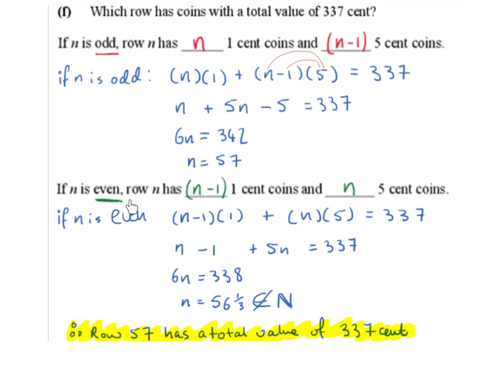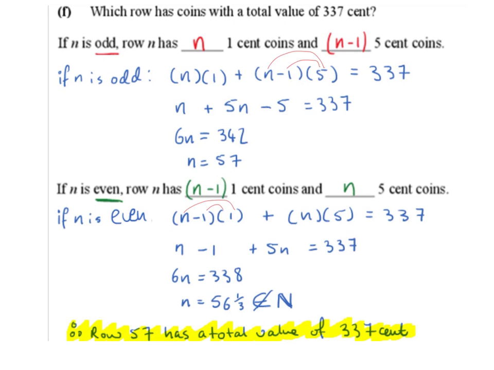Now, if n is even, row n has n minus 1 1-cent coins and n 5-cent coins. So if n is even, we have n minus 1 times 1 cent and n times 5 cent equal to 337. So n by 1 is n, and minus 1 by 1 is minus 1. n by 5 is 5n. n plus 5n is 6n.